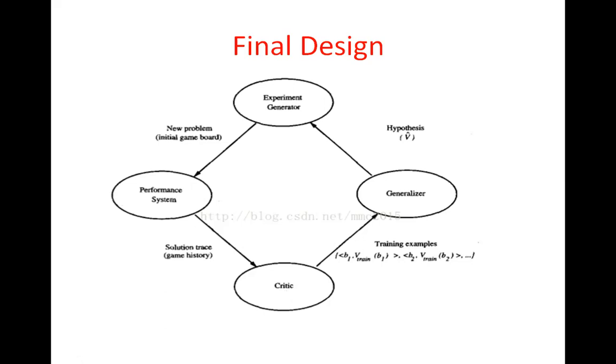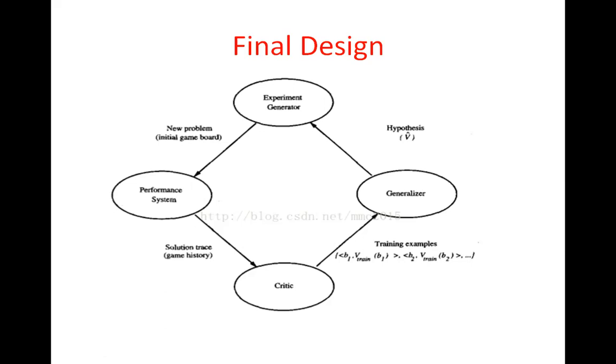Have you understood? The experiment generator gives the new board state to the performance system. The performance system will play the game. It will pick the best moves because of which it has won the game, and give that history to the critic module. The critic module, from that history of traces like moves, will create the training examples.